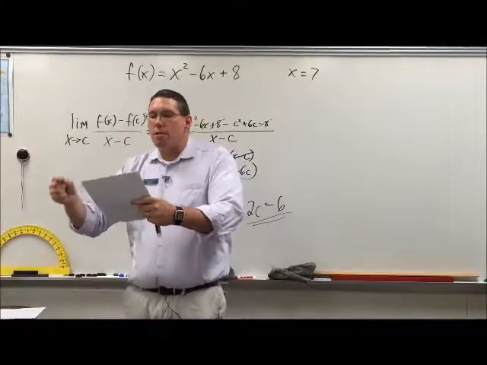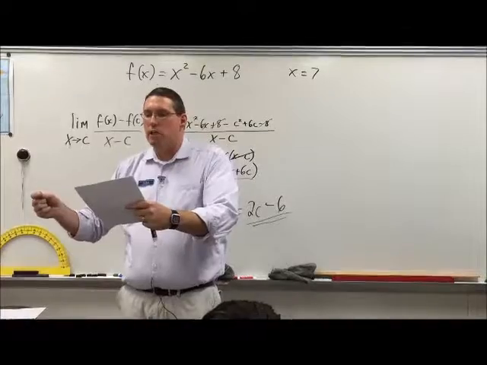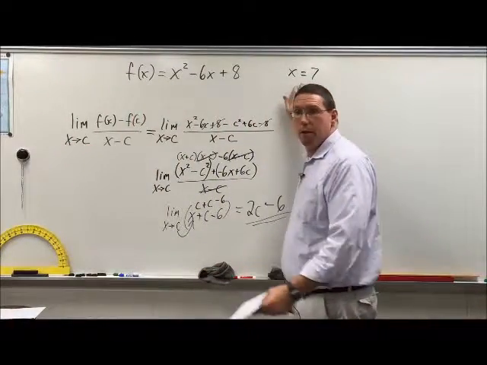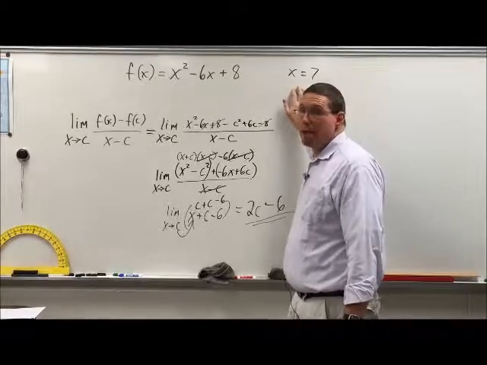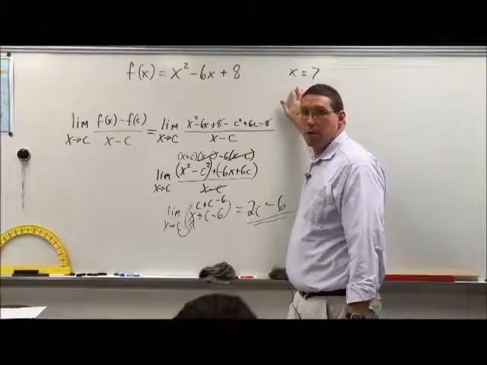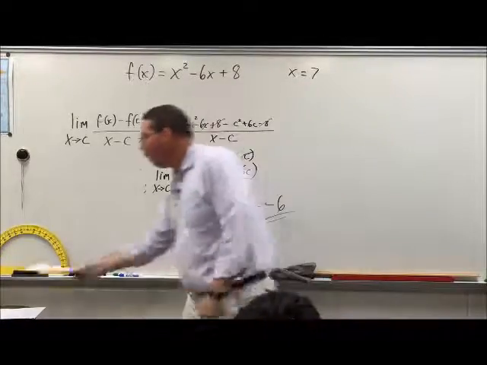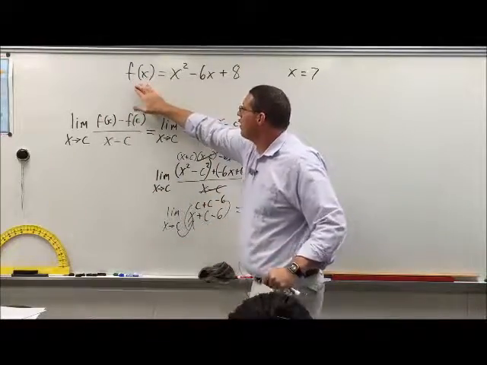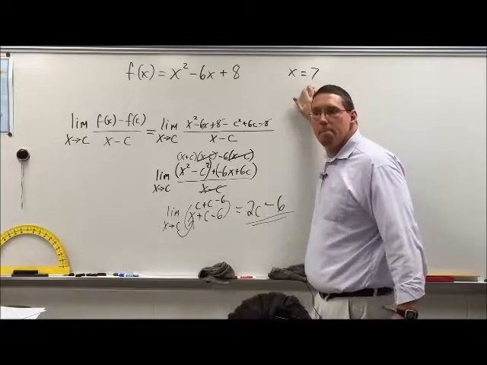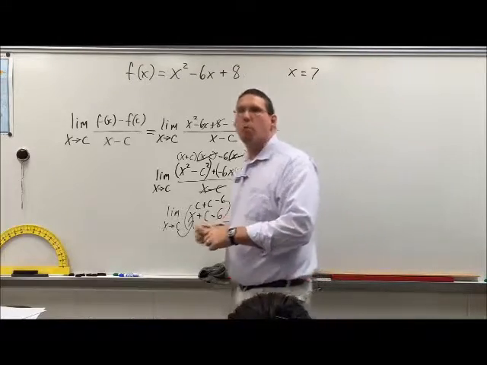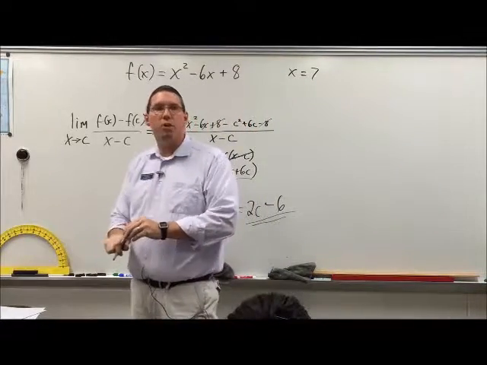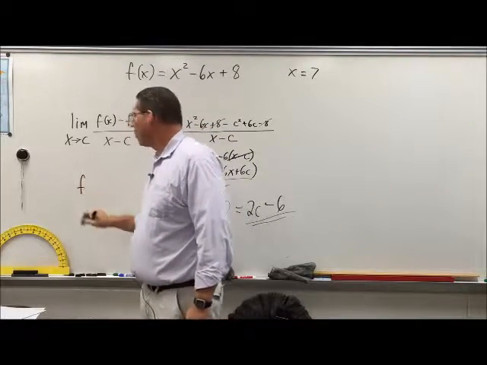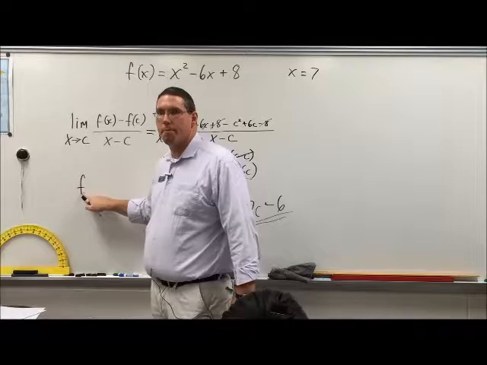So instead of saying, what is the instantaneous rate of change in f of x at x equals 7? Y'all, not many of you are looking at me. Okay, so look. Instead of saying that, this is what we write. We write it in just a few tiny marks. First of all, we're concerned with the function f of x.